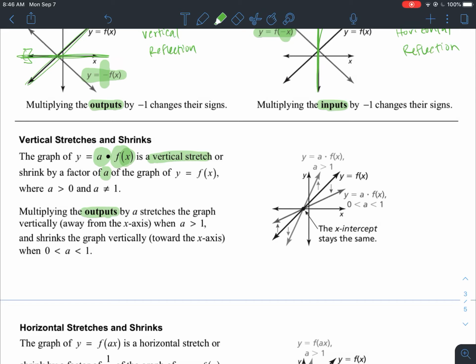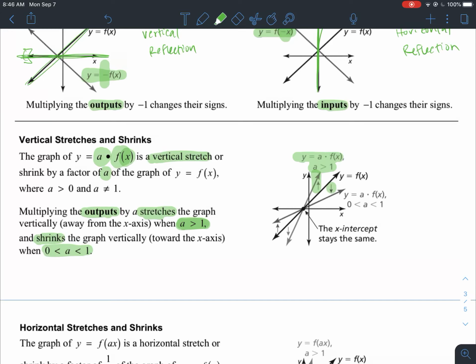Okay, multiplying the outputs by a stretches the graph vertically when a is greater than 1, and it's a shrink when a is between 0 and 1. So again, look at it over here. When a is greater than 1, you're stretching it this way vertically, so away from the x-axis.